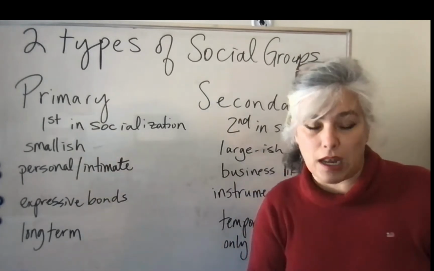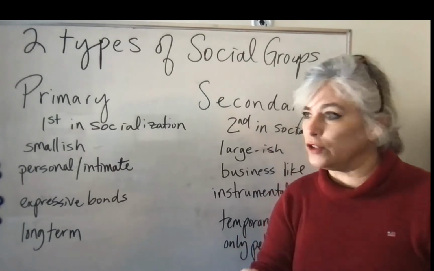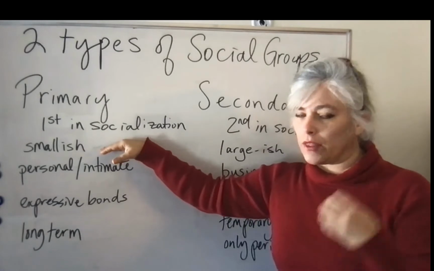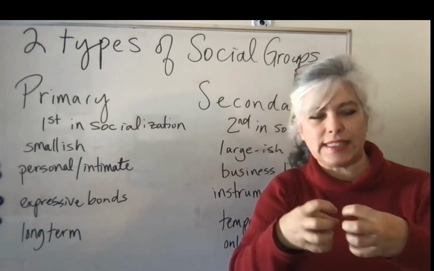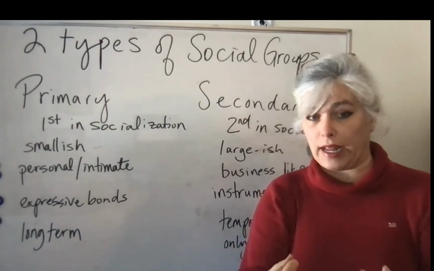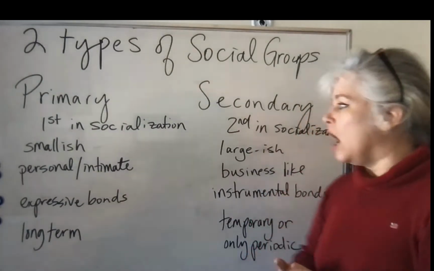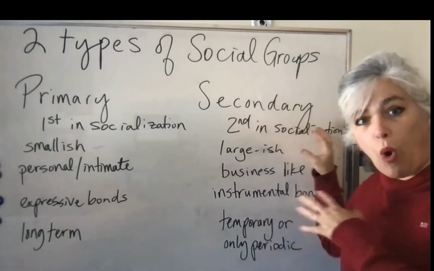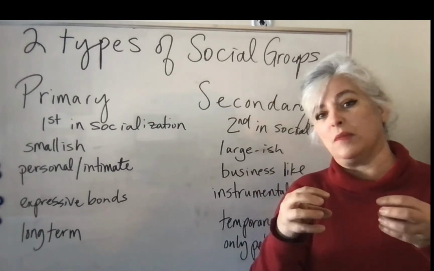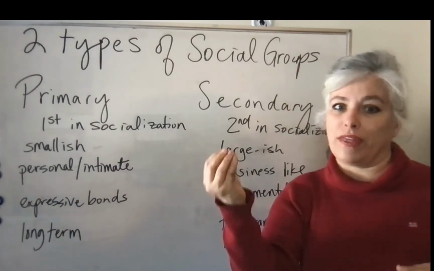There's not a definite number to put on it, but as far as being impactful for an individual's socialization process, the fewer the number of people in the group, the more intense the interaction with those particular people can be, and therefore the deeper the learning can be from that social interaction. On the flip side, the more folks who are in a group with you, the less intense the interaction is going to be with each individual member.